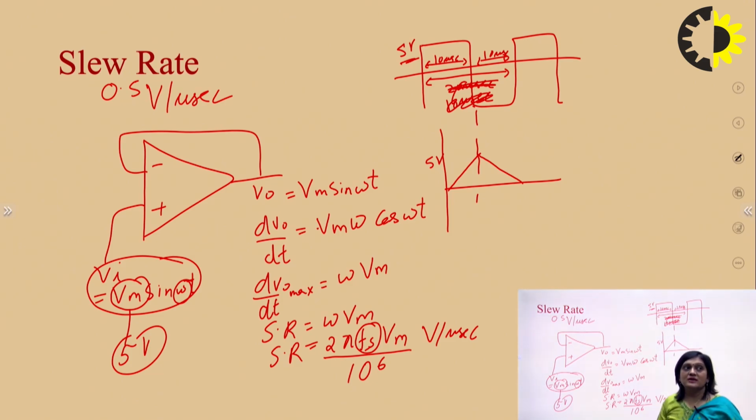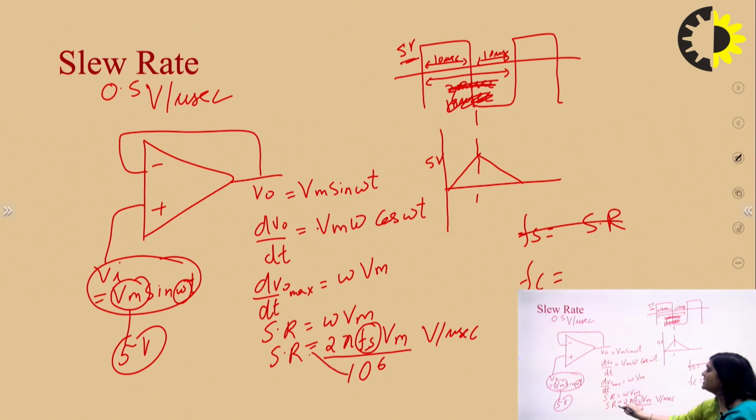That's why we have to choose the maximum frequency of the signal that we apply at the op-amp, and this can be found by using this formula. Fs is equal to slew rate upon 2 pi Vm, after cross multiplying.